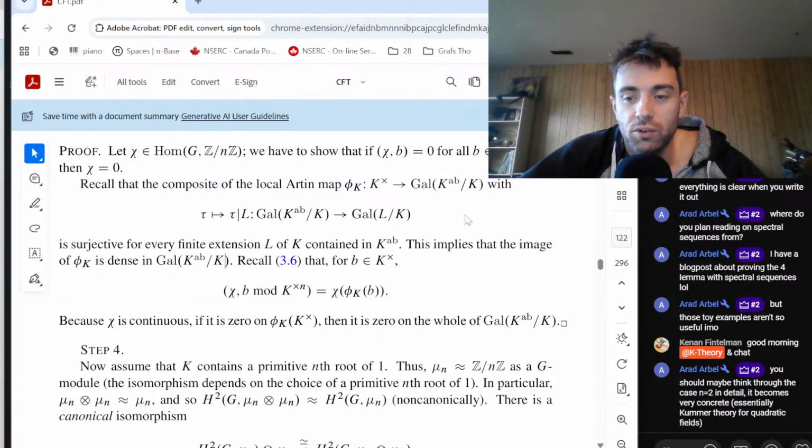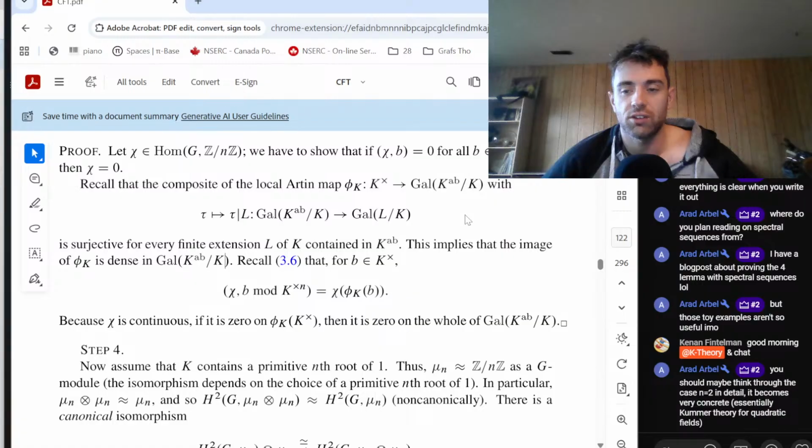We'll see where I go from there. But yeah, I definitely need to do my homework to make things concrete. And yeah, you're probably right. It'd be good to write out the case of n equals 2.